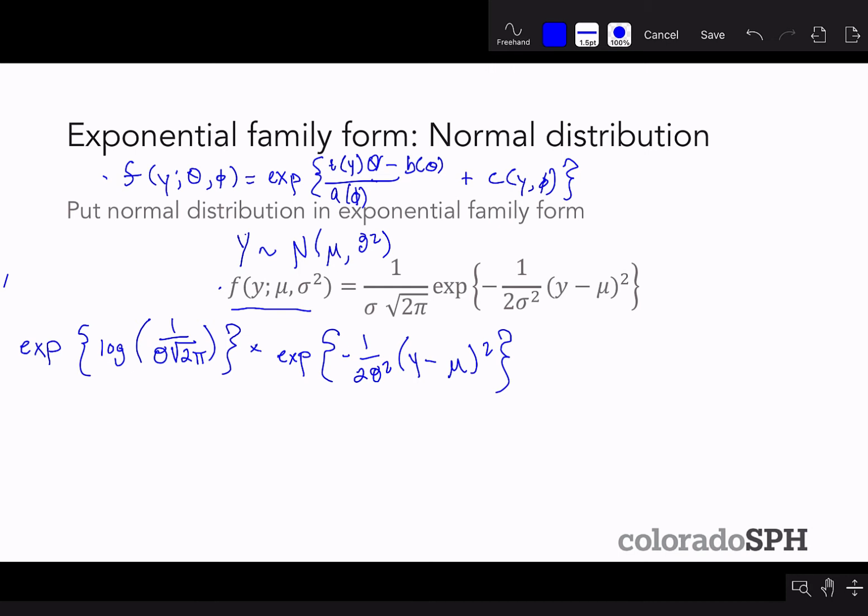So it's a rule of exponents that e to the a times e to the b is equal to e to the a plus b.